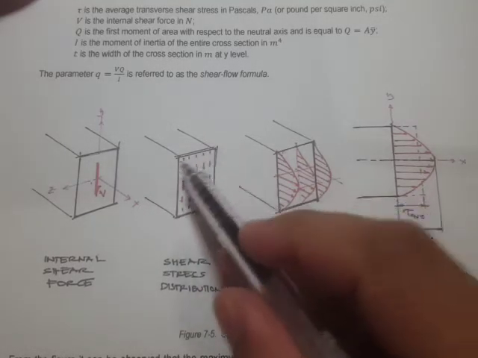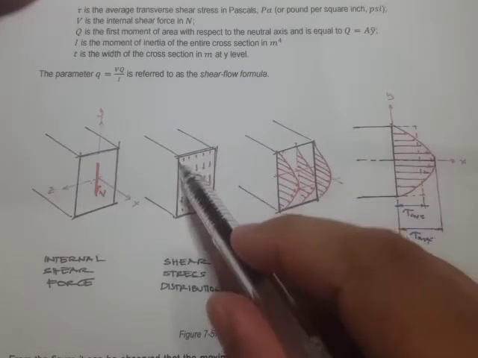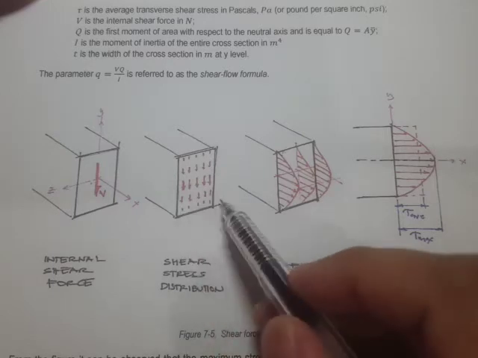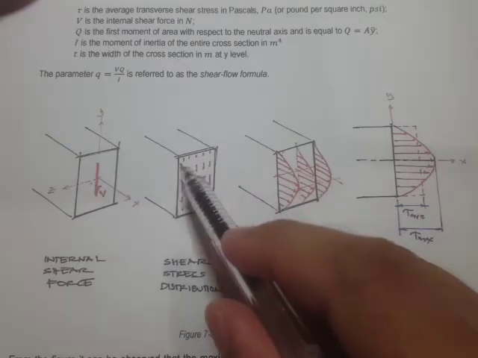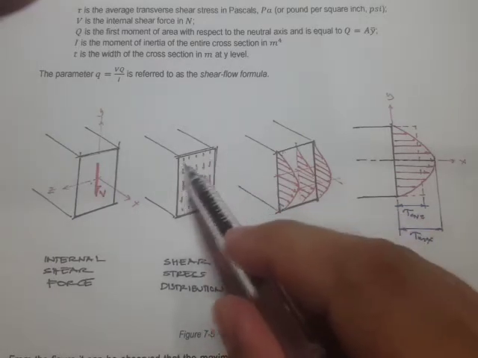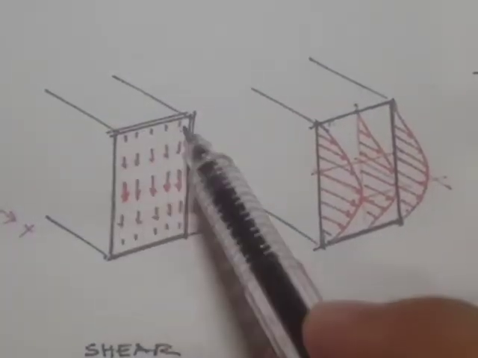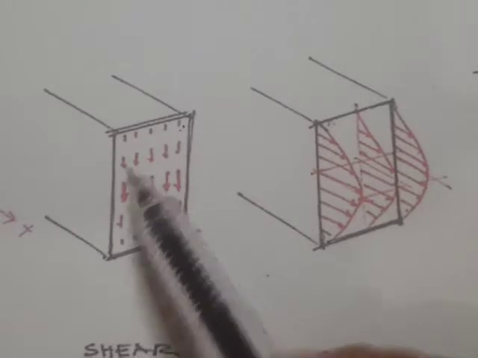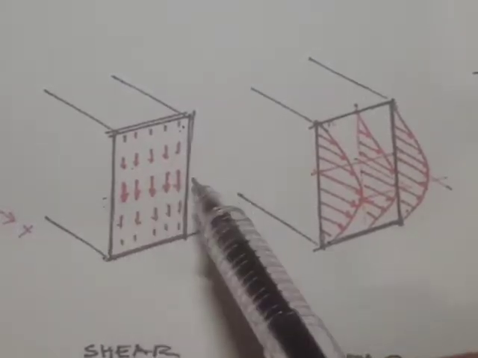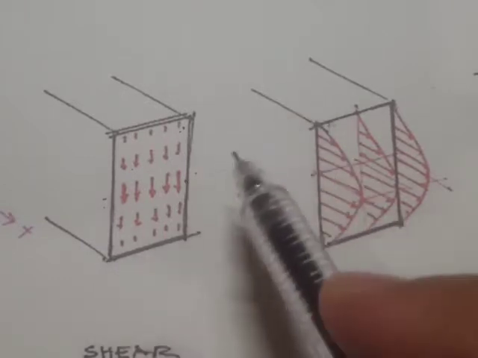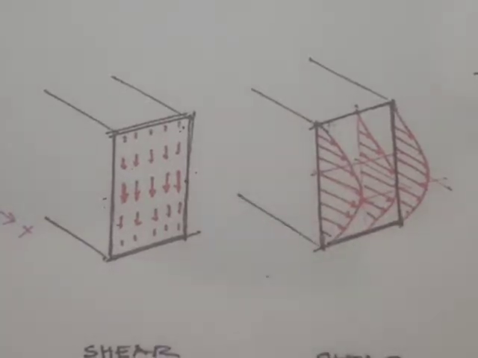There are forces in each of the fibers or planes. You would notice that here we have a smaller stress value, and at the midpoint we have a larger stress value, so there is actually a variation in the profile.